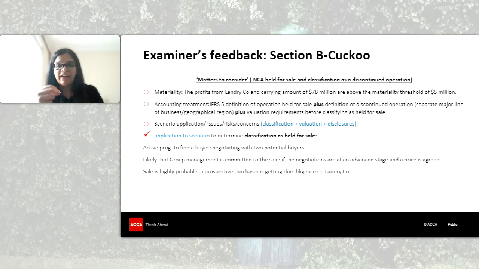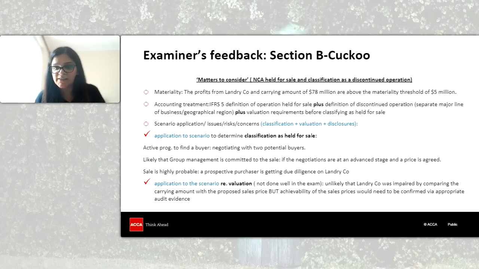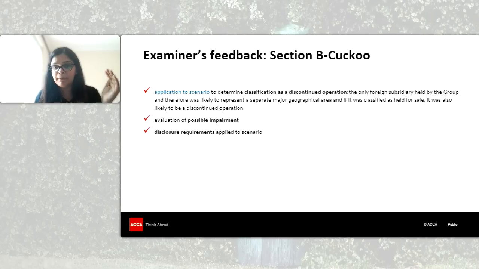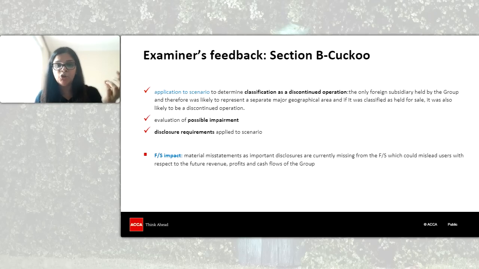The group management is committed to selling this because negotiations are at an advanced stage. The sale is highly probable because there's a potential purchaser who has already started off with the due diligence. The valuation application had to include impairment, etc. And again, the examiner said that a lot of students completely missed out on this being a discontinued operation.